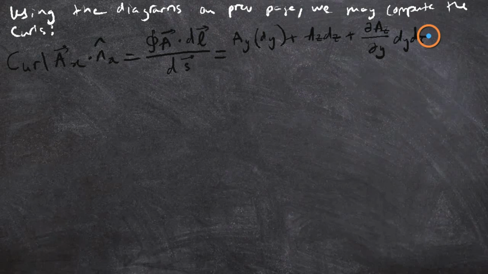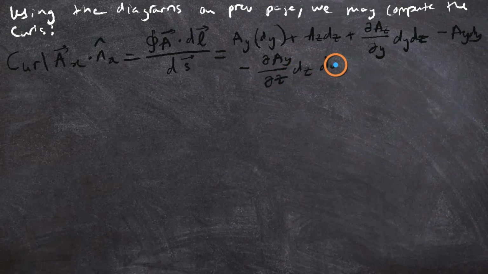Then we subtracted from this particular expression some ay multiplied by dy. So we write that down to be negative ay multiplied by dy. And of course, we've got other terms, like a negative partial derivative of ay with respect to z multiplied by dz dy.